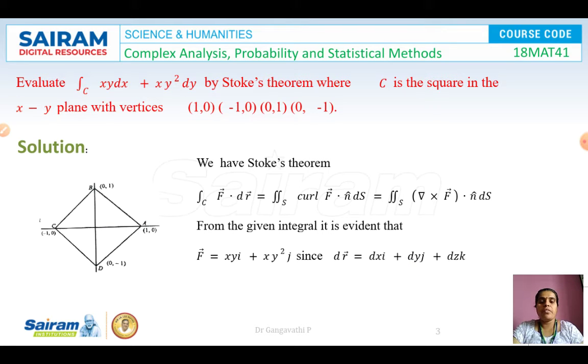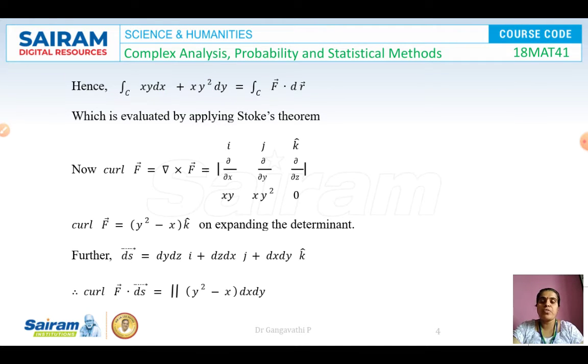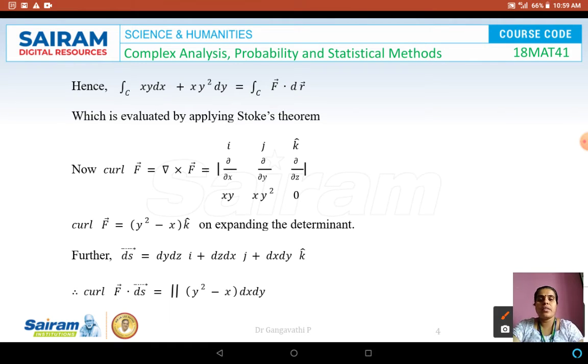We have considered dr as the differentiation of our position vector. Hence the integral over C of xy dx plus xy square dy can be written as the integral over C of vector f dot dr. So this can now be evaluated by using Stokes theorem.